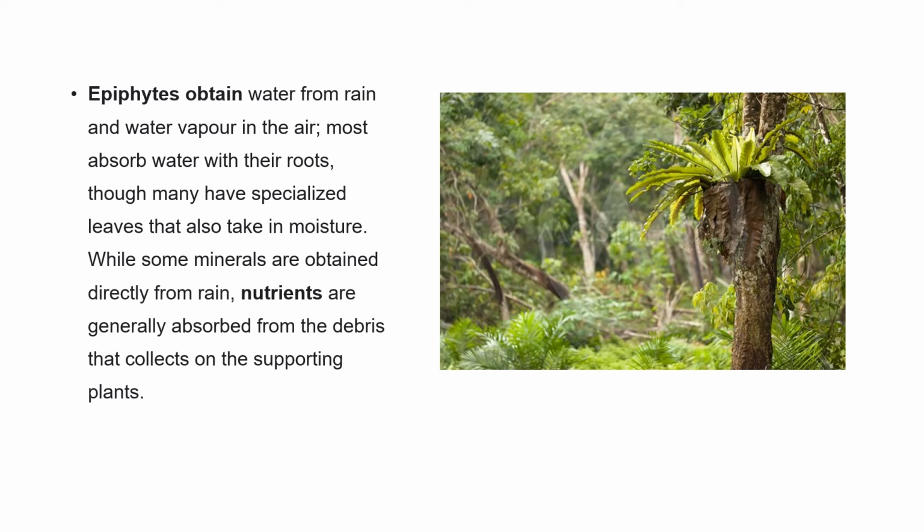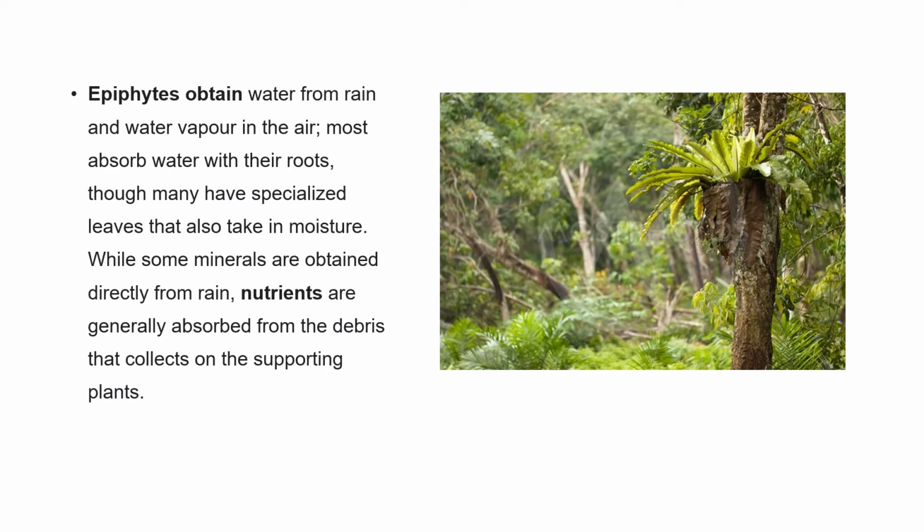Here is just an extra information for you. It says here, epiphytes obtain water from rain and water vapor in the air. Most absorb water with their roots, though many have specialized leaves that also take in moisture. While some minerals are obtained directly from rain, nutrients are generally absorbed from the debris that collects on the supporting plants.